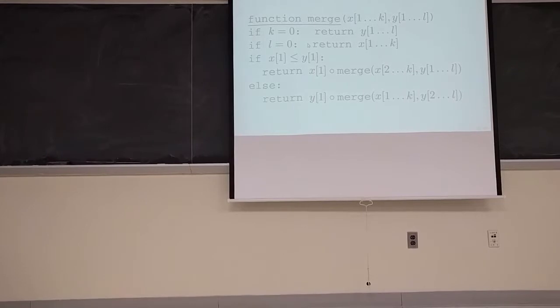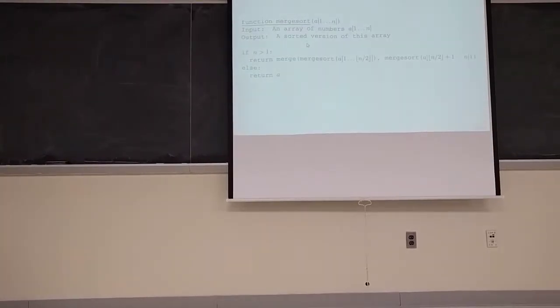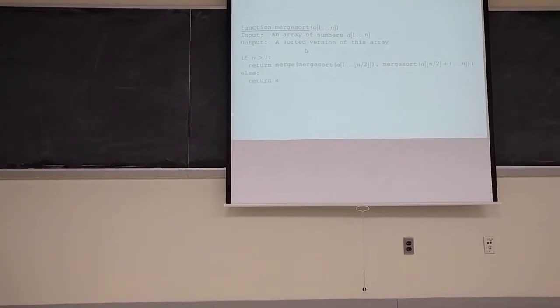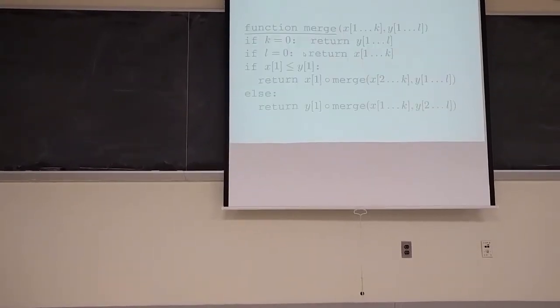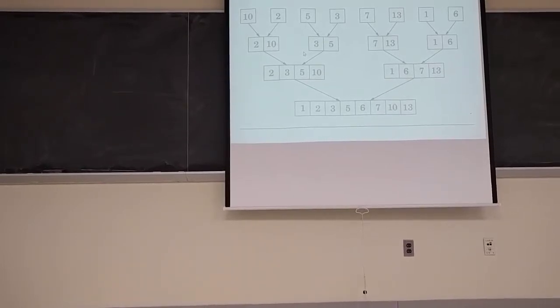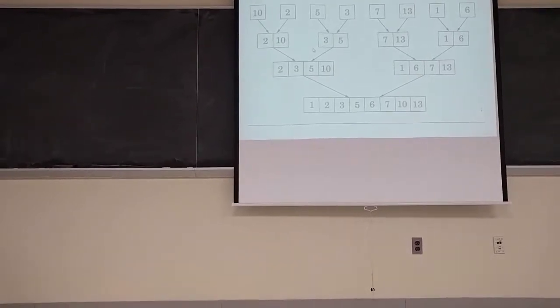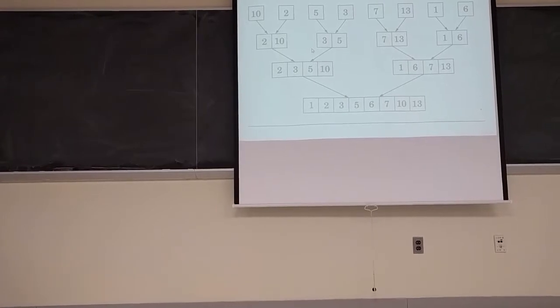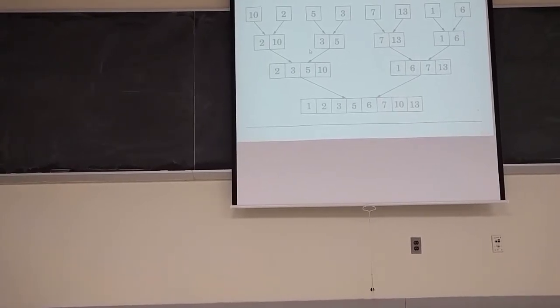So let's go back to merge sort and try to understand how merge sort works, and also what its complexity is. To understand how merge sort works, let's start with this list.